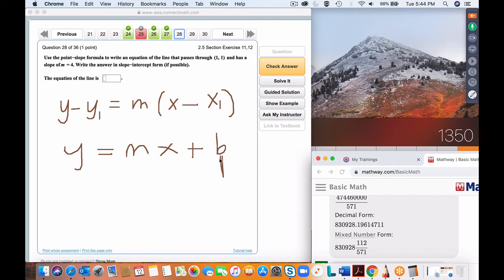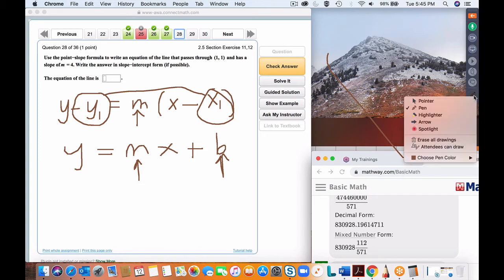Because this is the y-intercept and this is the slope. And this is the one point right here, and this is the slope. That's why this is called the point-slope form, and this is called the slope-intercept form.